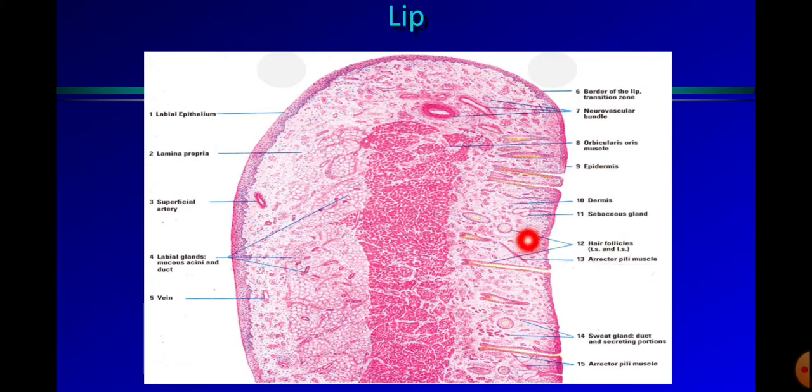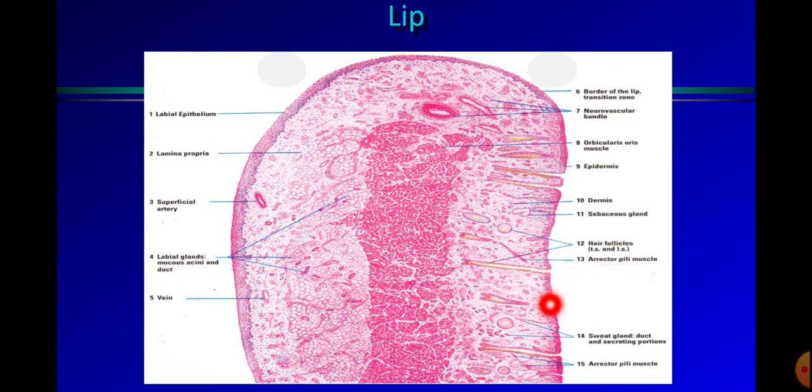Here this is the outer covering of the lip. It is formed by the skin. It shows the stratified squamous keratinized epithelium. Along with this, there are hair roots, hair follicles. Along with the hair follicles, there are a number of glands present. There are the sebaceous glands and the sweat glands.